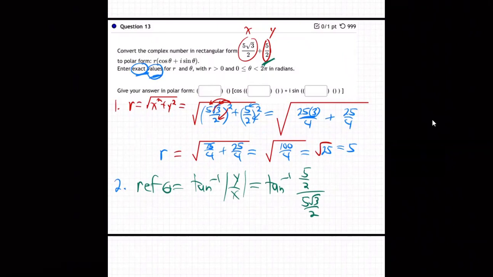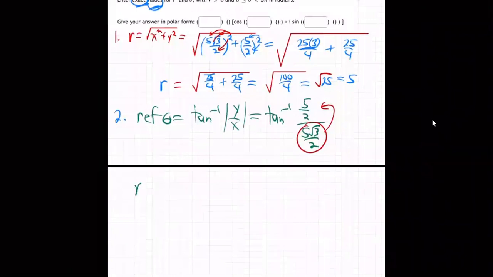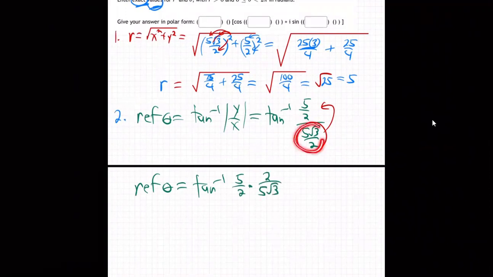Fraction over fraction: dividing is upside down multiplying, so it becomes tangent inverse of 5 halves times 2 over 5 root 3. See how I flipped it upside down? The 5's cancel, the 2's cancel, and so this is inverse tangent of 1 over the square root of 3.